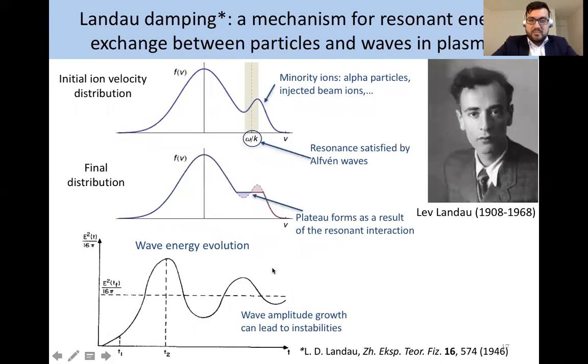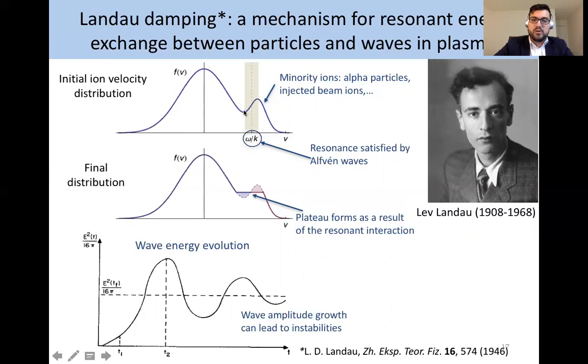So what is the mechanism that allows particles to resonate with Alfvén waves in plasmas? That was first shown by Lev Landau in 1946. Essentially, think of a distribution function for the ions in a plasma. That's how the distribution function changes with velocity.